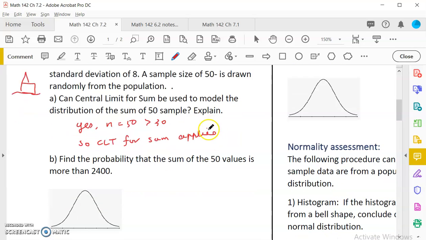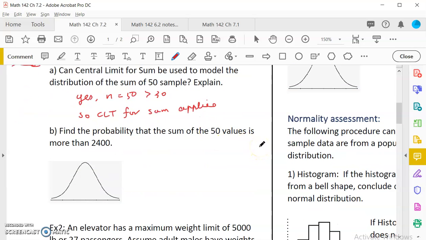Part B: find the probability that the sum of the 50 values is more than 2400. Let's find out what this sigma x would be. It's a normal distribution with mean n times mu and standard deviation square root n times sigma.